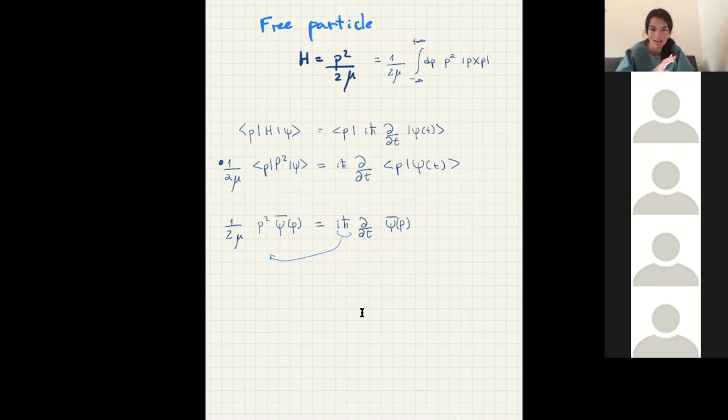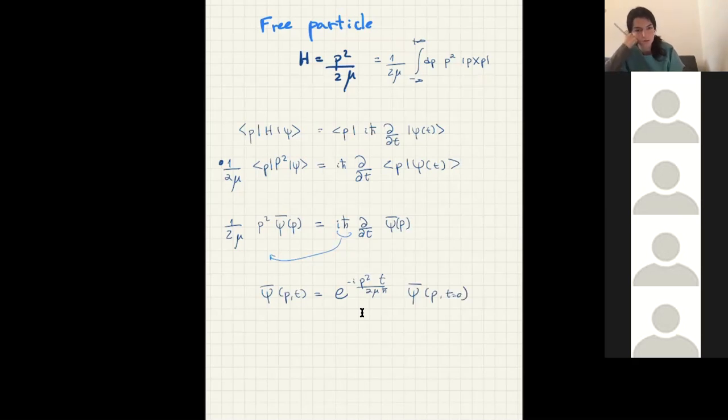So this is an easy thing to solve, and you can do it by hand if you want, but I can just give you the solution, which is psi of p and t equals e to the minus i p squared t divided by 2 mu h bar, times the initial wave function, psi of p at t equals 0.